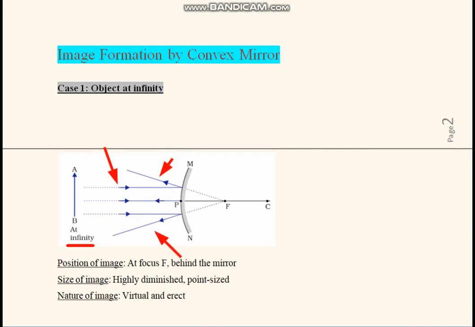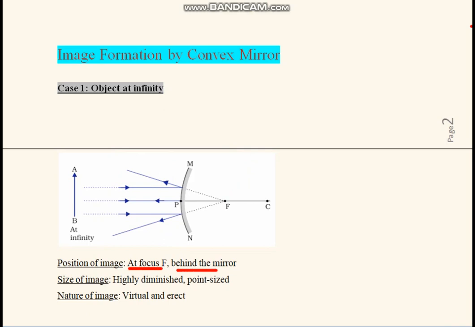And when we plot these diverged rays backwards, we see that these diverging rays appear to be coming from the focus of the mirror, which is behind the mirror, and this focus is the position of the image. So, in this case, the image lies at the focus, which is behind the mirror.